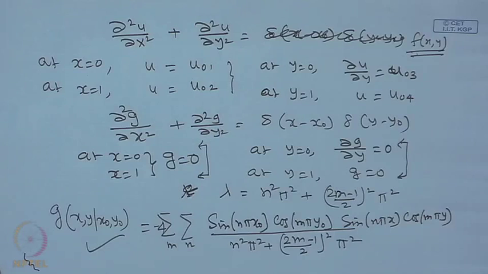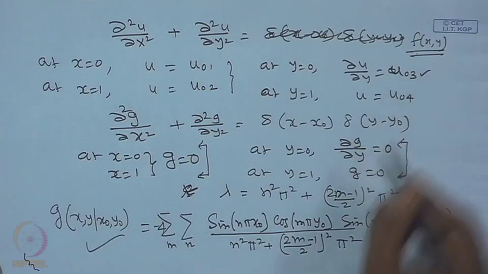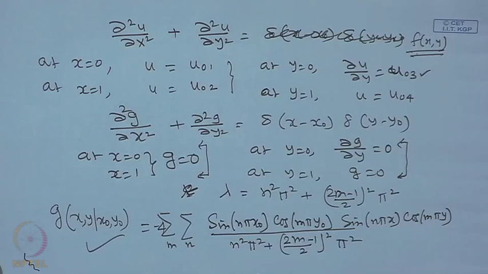If you have the Neumann boundary condition in both x and y, then you will have the cosine functions as the eigenfunctions.